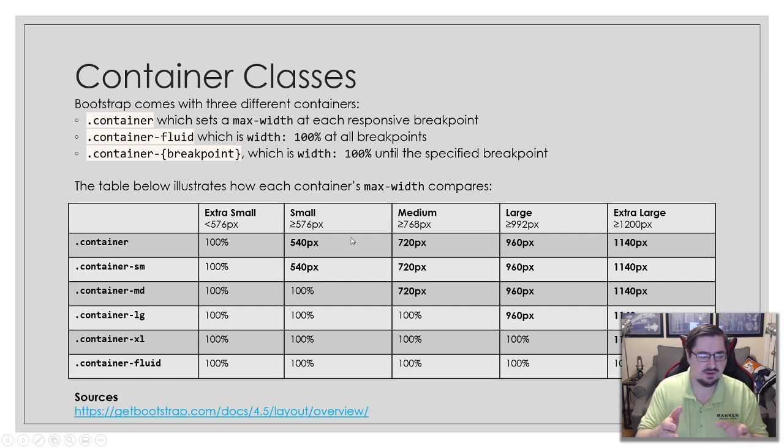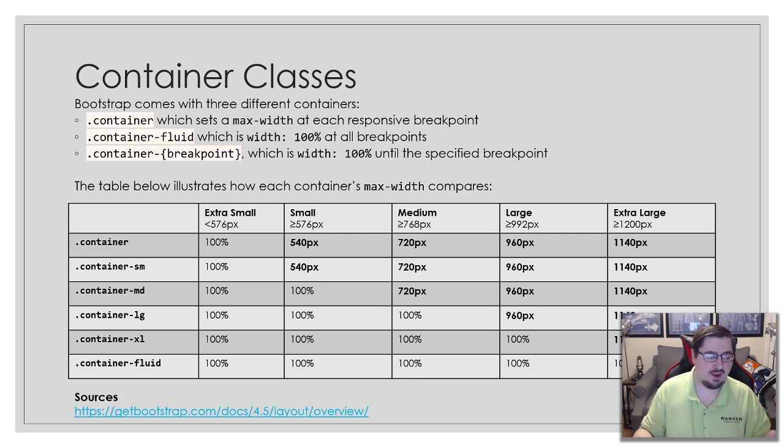But this provides the kind of fixed behavior that has a certain pixel measurement up until a certain point where it breaks and gets bigger. So it's 540 for this whole period in between, for all the small devices, and then exactly 720, and then exactly 960, and then exactly 1140. And this puts it roughly at 80 to 90% of the width of the viewport on average.